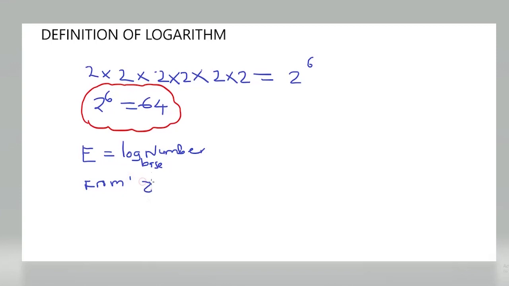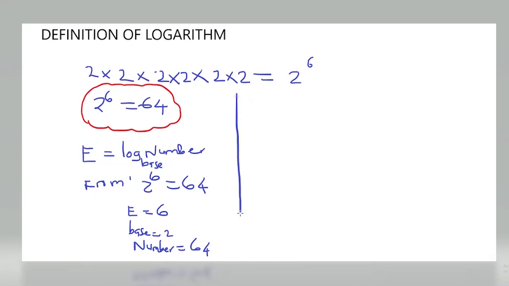From 2 power 6 is equal to 64, the exponent of this number is equal to 6, and the base is 2, and our number is 64.